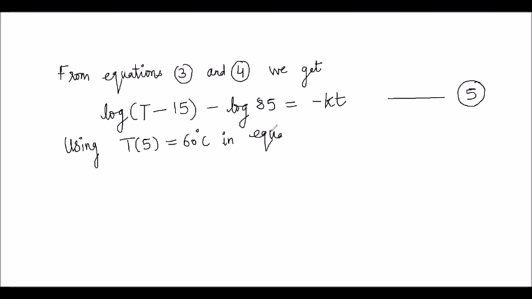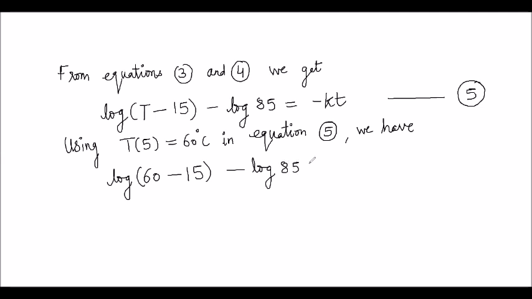In equation 5, let us put here the temperature as 60 degree for capital T, minus 15, minus log 85, and time is 5, so minus 5K.